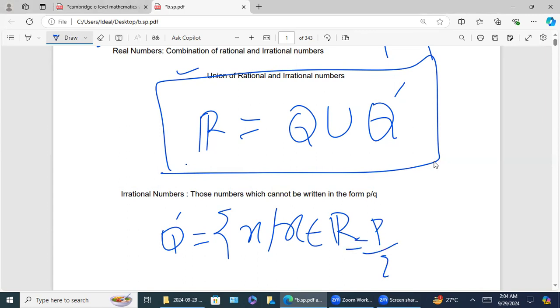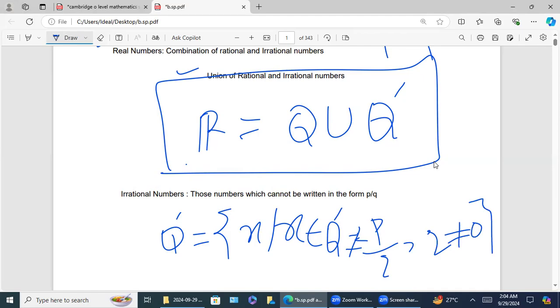That we can say is not a rational number, it is an irrational number, where q is not equal to 0.